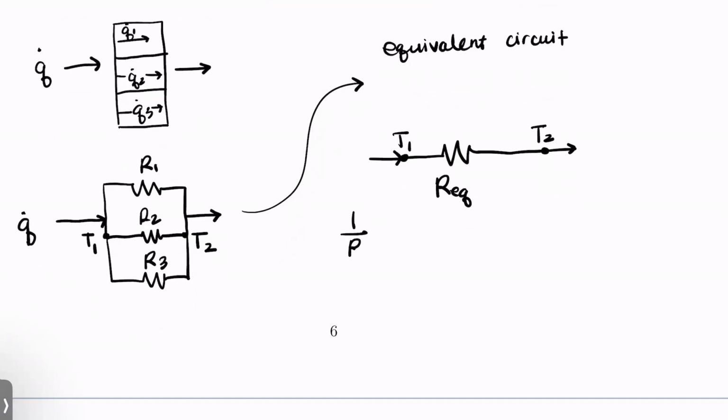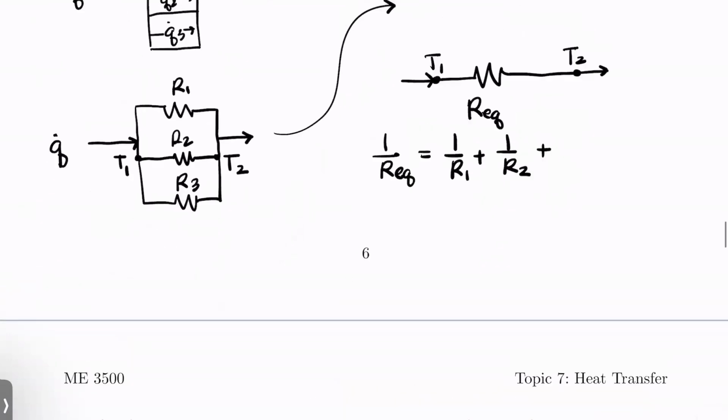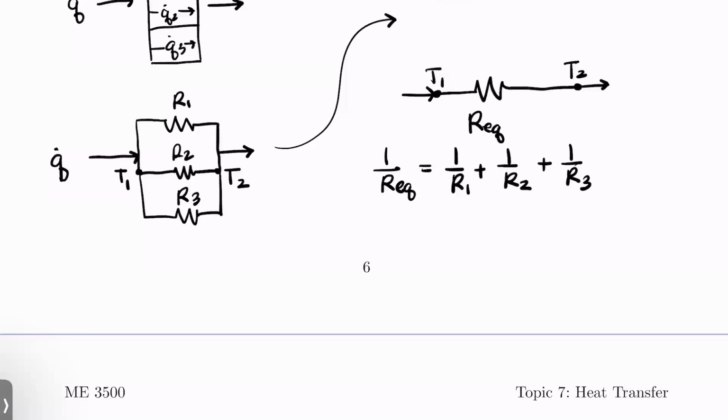So 1 over the equivalent resistance is equal to the sum of all the reciprocal resistances, just like in circuit analysis, plus one over R3. And then at steady state, we have that Q dot 1 plus Q dot 2 plus Q dot 3 is equal to Q dot equivalent.